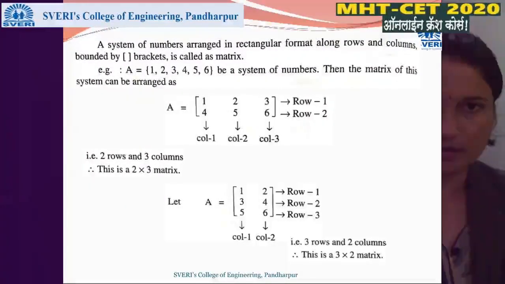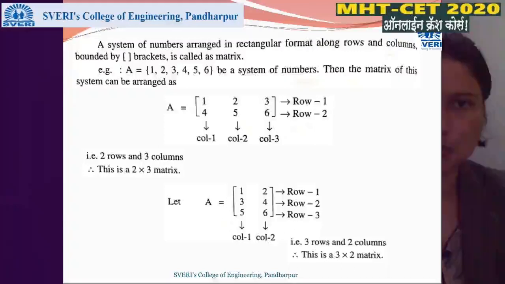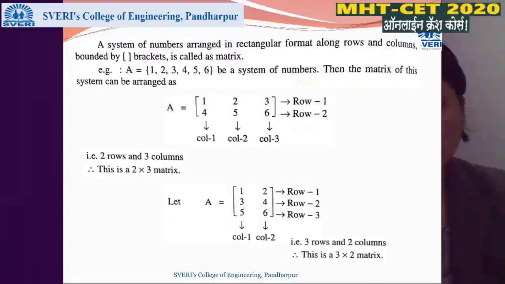For example, we have taken A is equal to a set of numbers containing 1, 2, 3, 4, 5, 6. By using this set of numbers we can arrange these numbers in square bracket. So A is equal to, first row 1, 2, 3, and in second row we have 4, 5, 6.